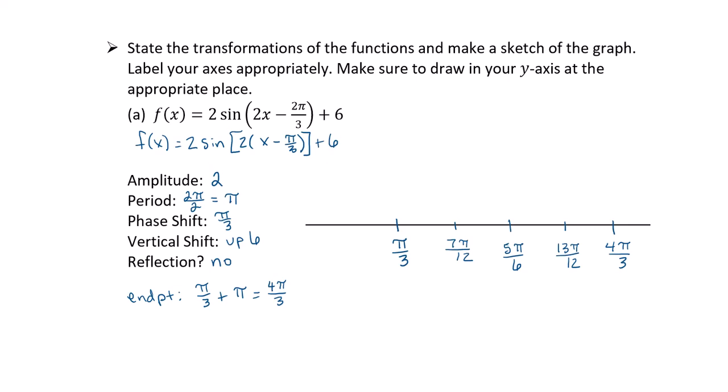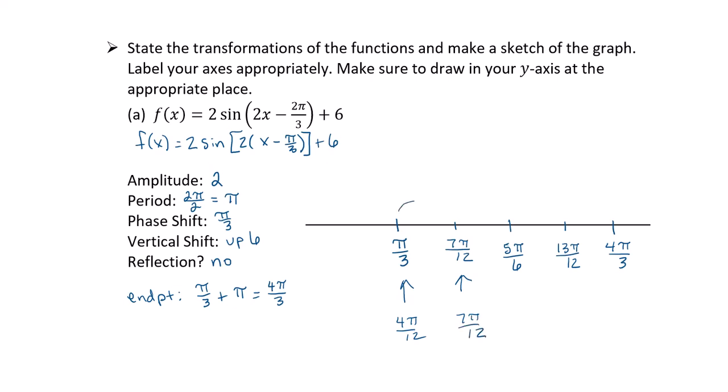Let's go ahead and get our y-axis set where it's supposed to be. Now this is pi over 3 right here, and this is 7 pi over 12. So what are those as both 12ths? This is 4 pi over 12. And this is 7 pi over 12.